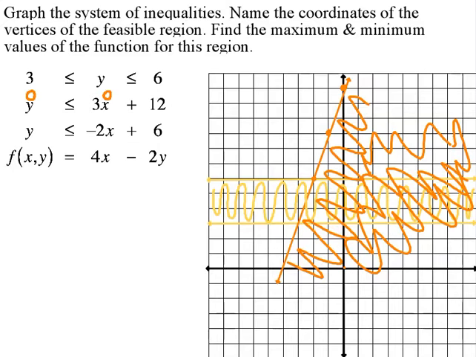What can you tell me about the next line? Y-intercept of 6. So there's your y-intercept of 6. Slope of down 2 over 1. Okay.